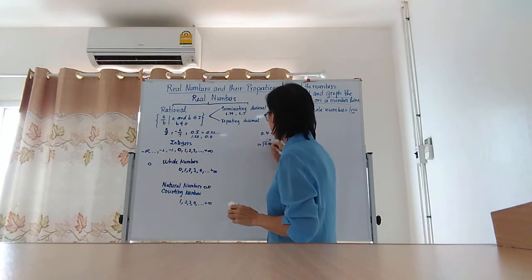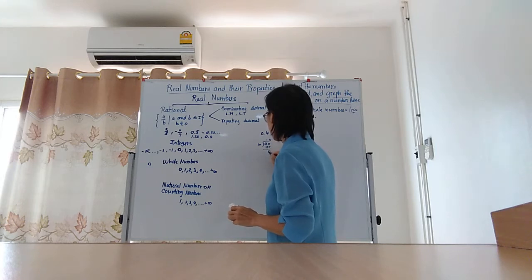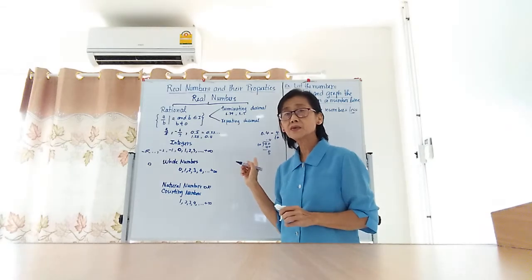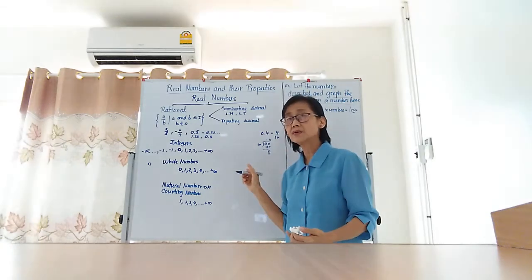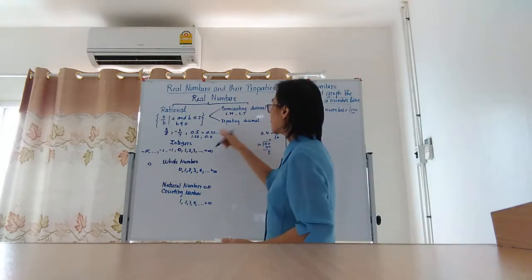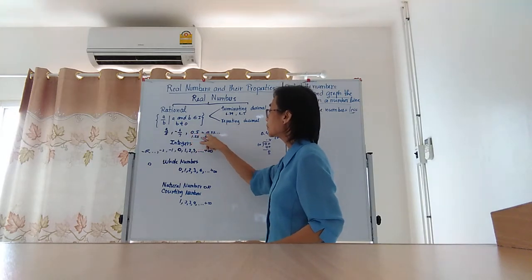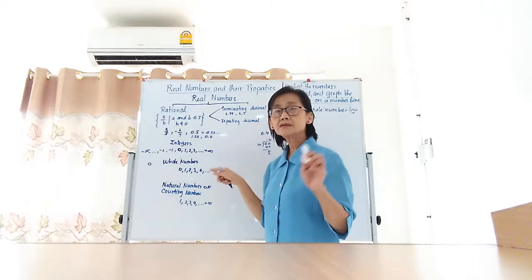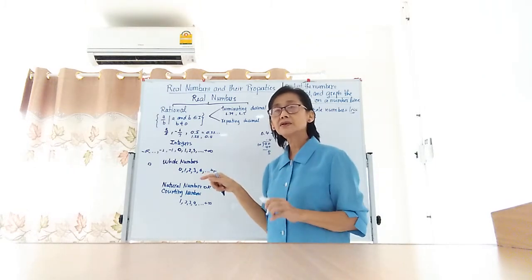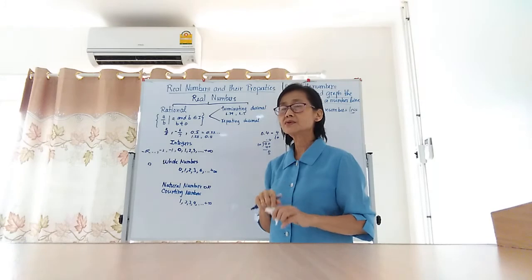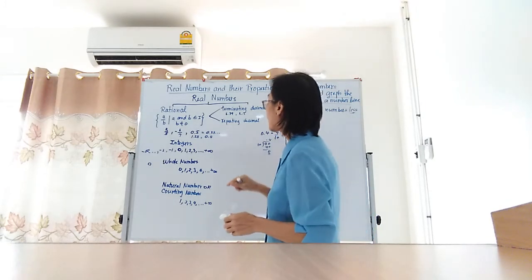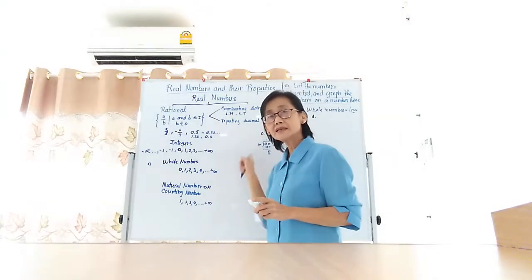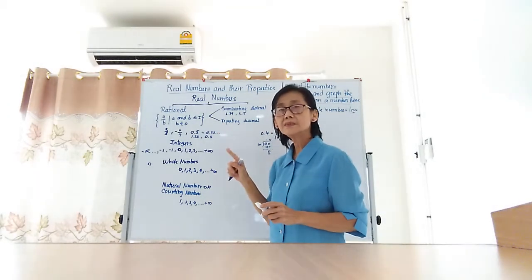So we have 4, and then our remainder is 0. This kind of decimal we call terminating decimal. But for a repeating decimal, like this example, 0.3, or we write 0.3333, the remainder doesn't equal 0. Okay, so rational numbers have two kinds of decimal, terminating and repeating.